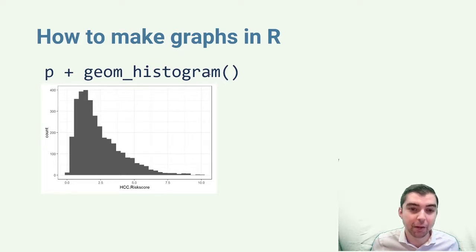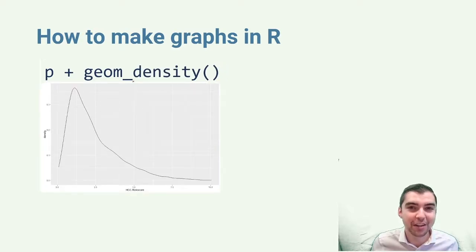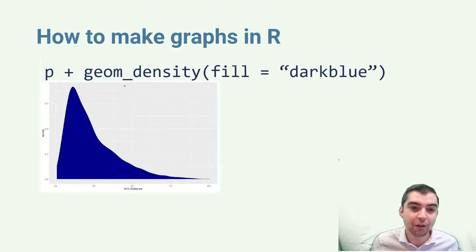Let's add geom histogram, and that's what it shows here. You could also add a geom frequency poly or a geom density. You can also change the color of your graph using an argument like fill equals dark blue.